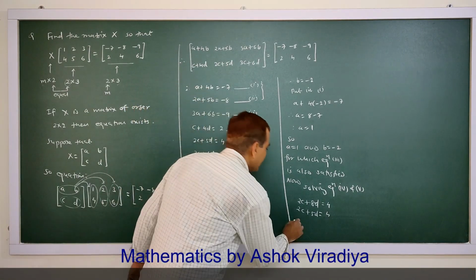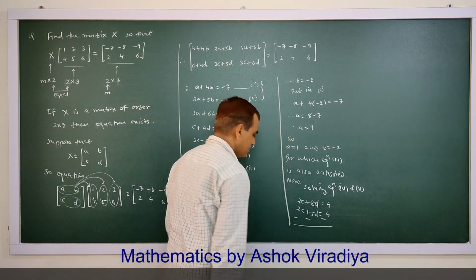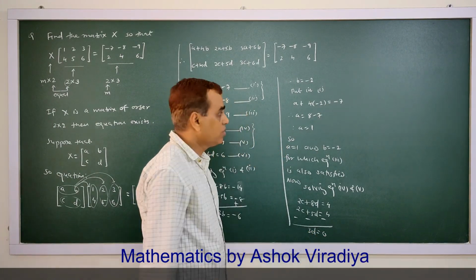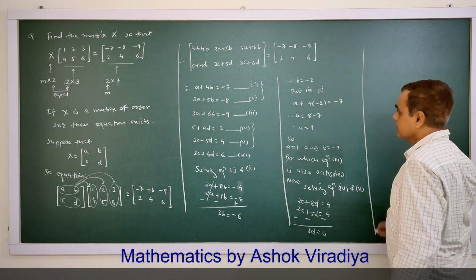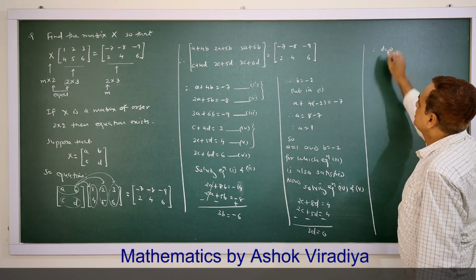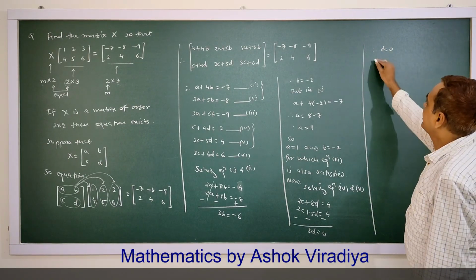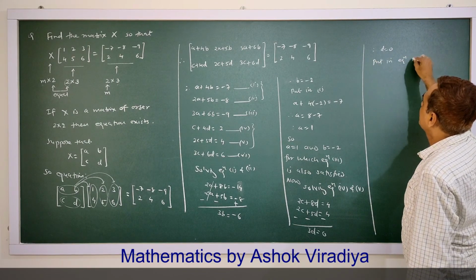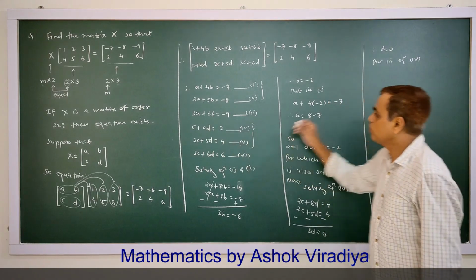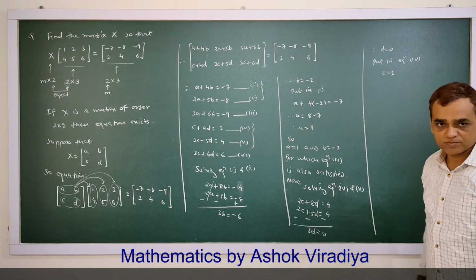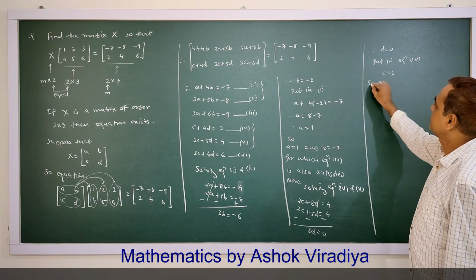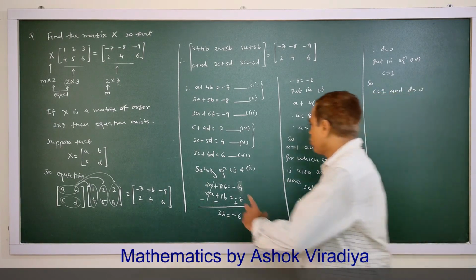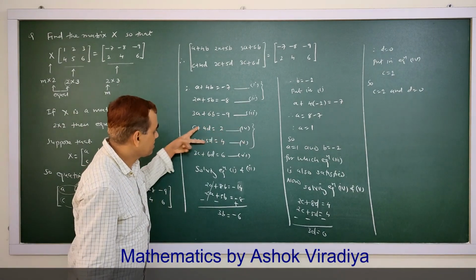Now taking subtraction, 3D is 0. So D is 0. Therefore, D is 0. Putting this value of D in equation number 4, C is 2. Therefore, C is 2 and D is 0, that is the solution from these two equations.